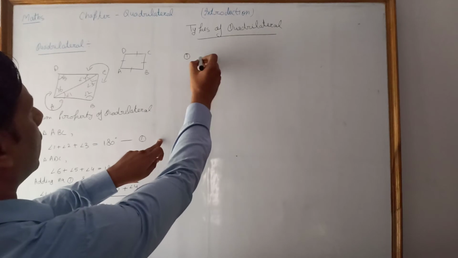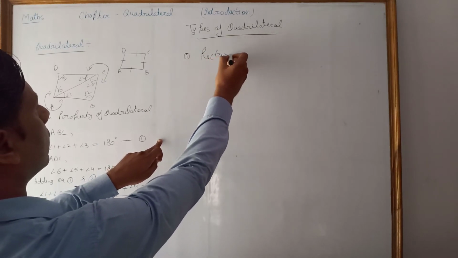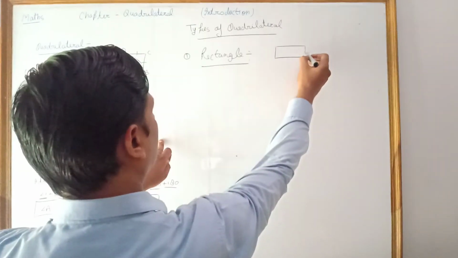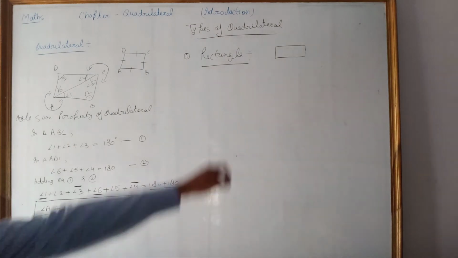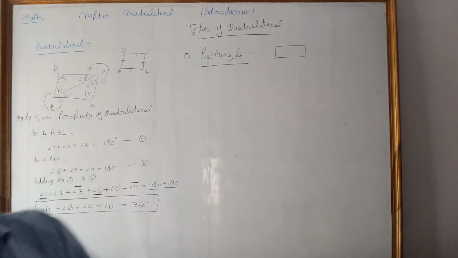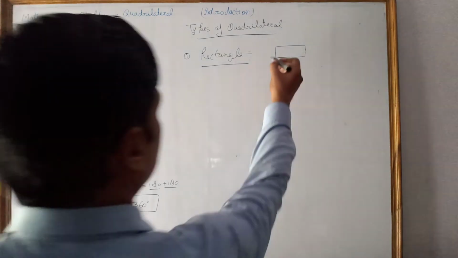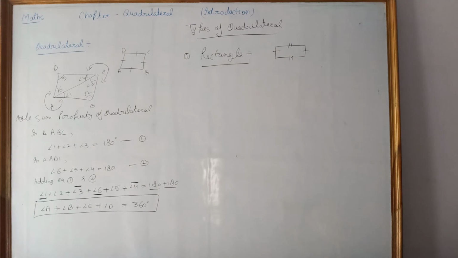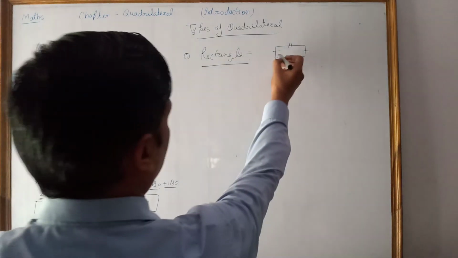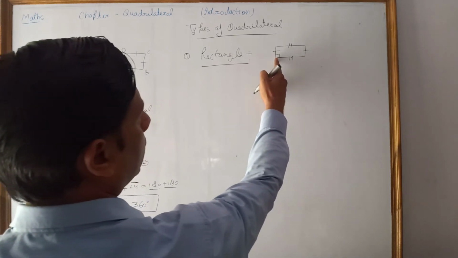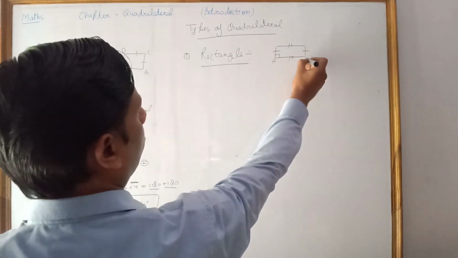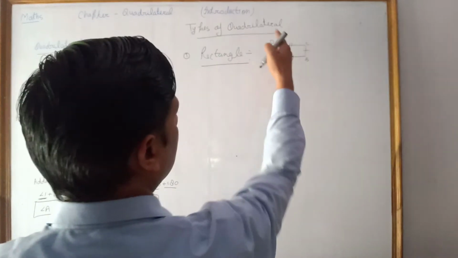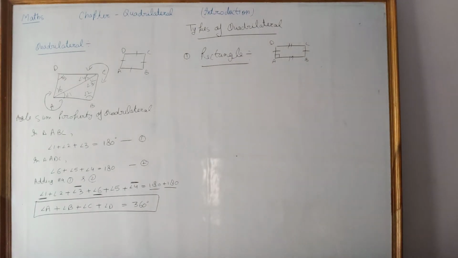First one is the rectangle. A rectangle is a quadrilateral in which opposite sides are equal to each other and each angle is 90 degrees. So this angle is 90 degrees, and its sides are A, B, C and D. AB is equal to CD and BC is equal to DA, and each angle is 90 degrees.